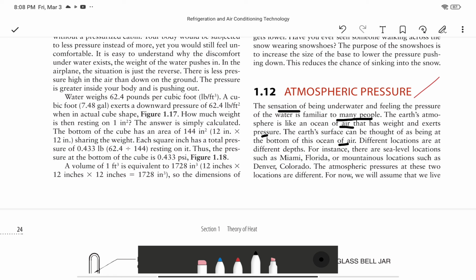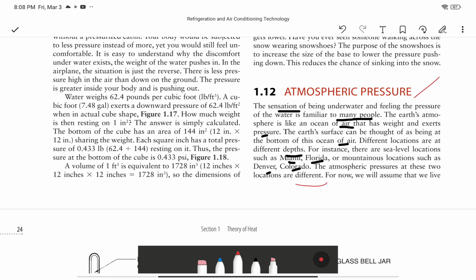Different locations are at different depths. For instance, there are sea level locations such as Miami, Florida, or mountainous locations such as Denver, Colorado. The atmospheric pressure at these two locations are different.